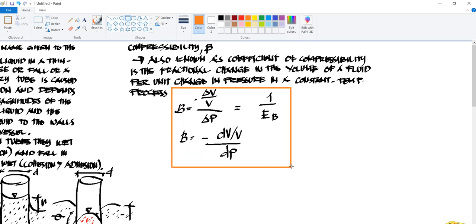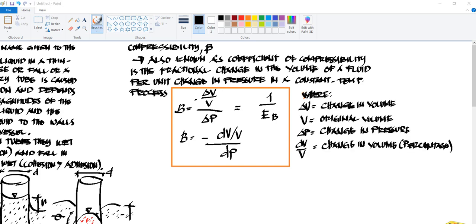Where your change in volume is the change in volume, your V will be the original volume, and the symbol is the change in pressure.